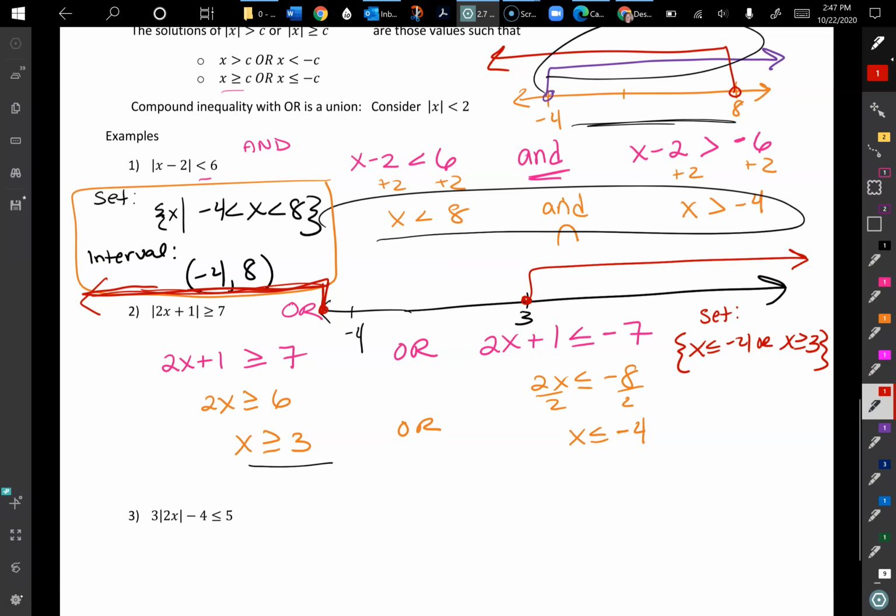In interval notation, we would write it as negative infinity up through negative 4, union, starting back up at 3, and include the bracket, include the 3, comma, positive infinity. Okay, so this is interval notation.